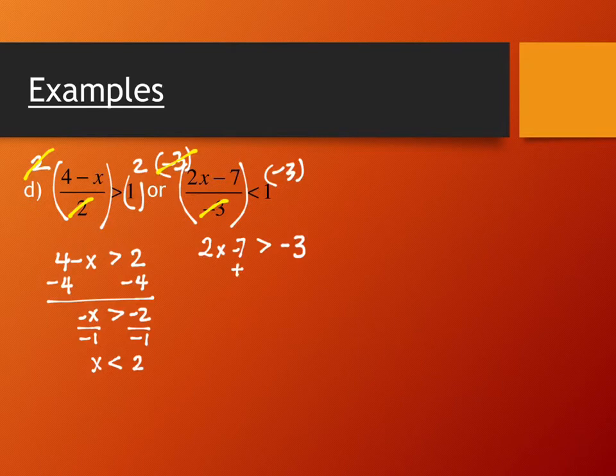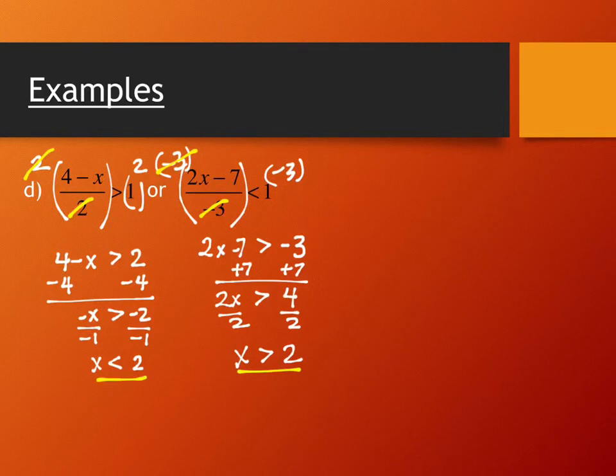Again, same process. We will add our 7. So 2x is greater than negative 3 plus 7, which is 4. If I divide by 2, x is greater than 2. I know it feels a little bit funny that these both ended up 2's. That doesn't always happen, and I'll show you an example of one later that doesn't do that. But in this case, it's okay, and it will end up being just a little bit different because of that.